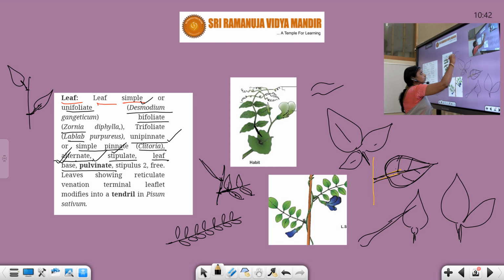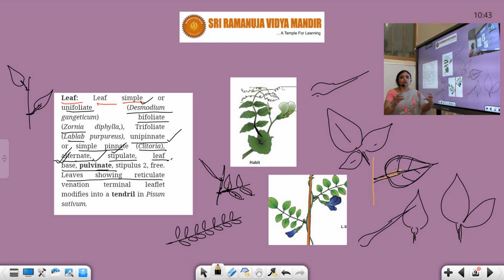Leaves showing reticulate venation. As it is a dicotyledon, in dicots which type of venation do we see? Reticulate. And what is reticulate venation? Veins and veinlets are arranged in such a manner that they form a net-like structure on the lamina, that is called reticulate.